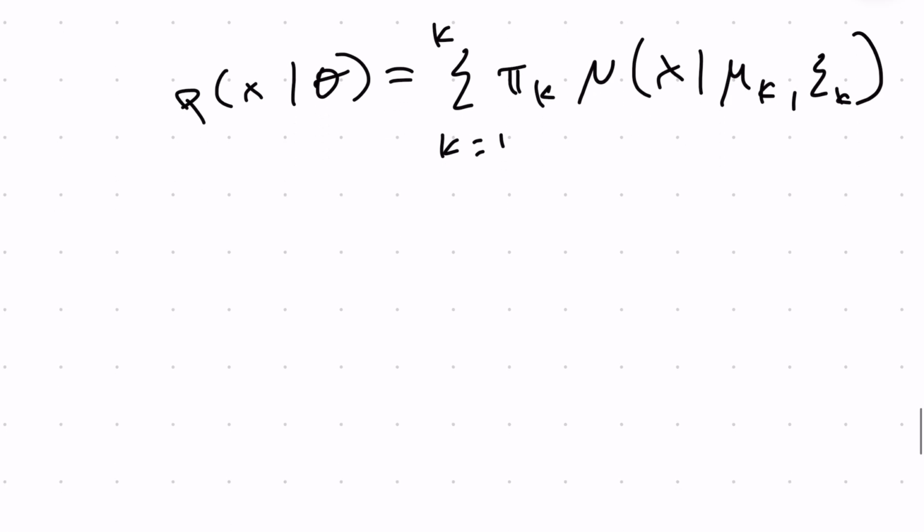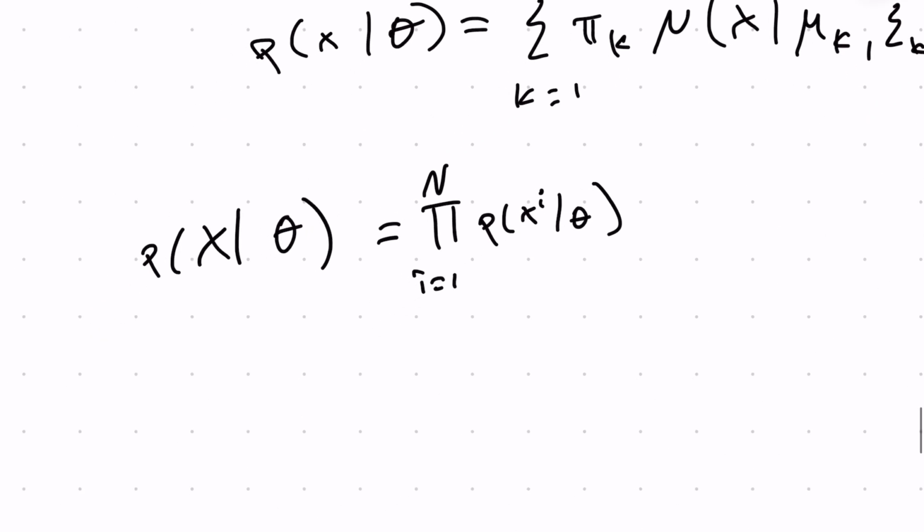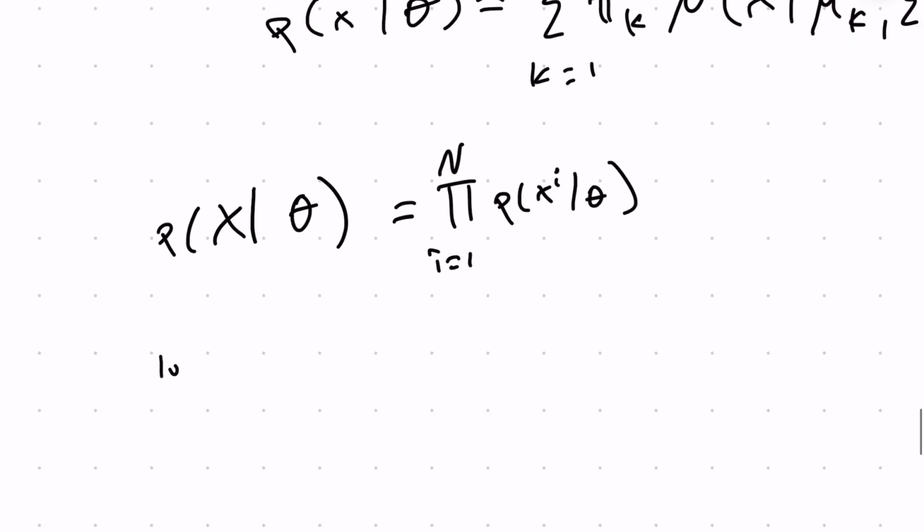Why don't we get the likelihood for the whole data set as this product, and then we take the log likelihood? But something very sad and bad is going to happen here.